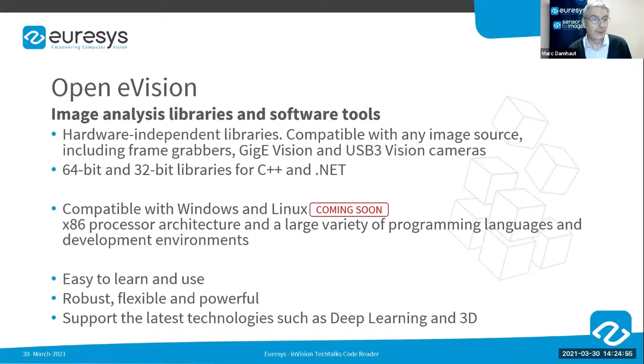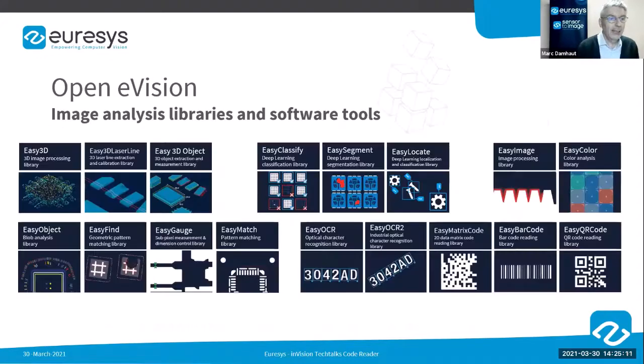There are 64 and 32-bit libraries, compatible with PC development and Windows, and very soon, I think in a couple of months, we'll have a Linux version also. There are actually 17 libraries, 17 components in the OpenVISION tools. I don't know if you can see my cursor. Here we have 3D image processing and image inspection libraries. We have deep learning libraries.